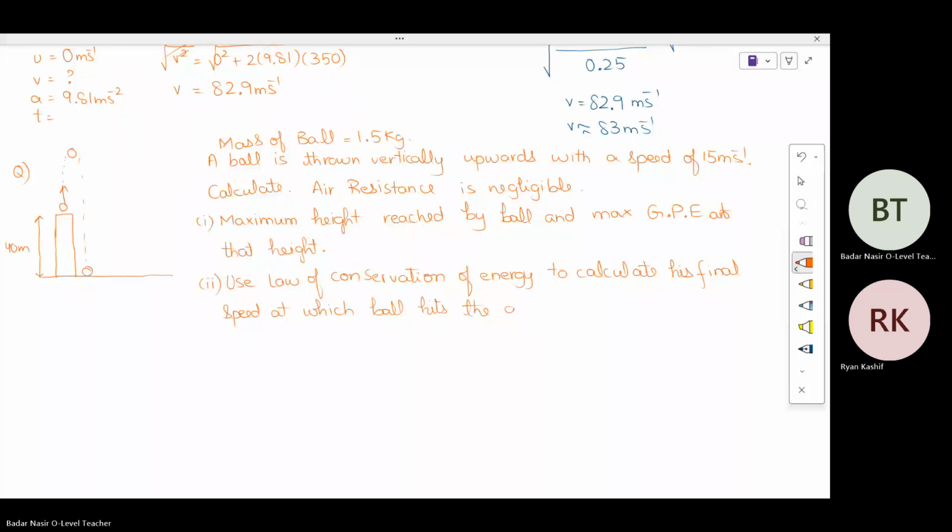And one more thing, he is asking you to calculate the change in gravitational potential energy, and he also wants you to find the change in kinetic energy for the entire motion.